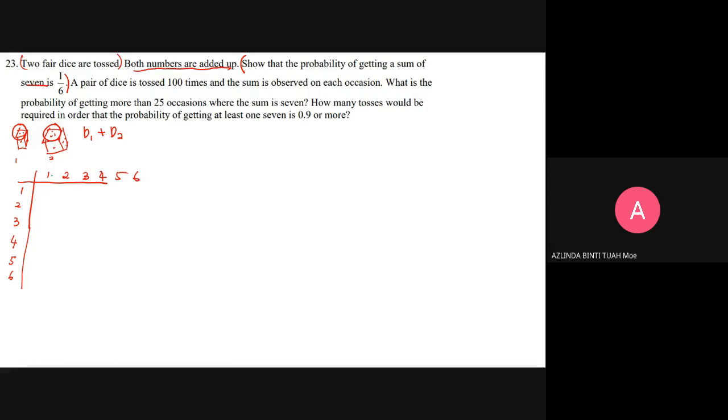So first outcome dapat 1, second outcome dapat 1, add up dapat 2. First dice we have 2, second dice we get 1, so 2 plus 1 is 3. 3 plus 1, 4. 4 plus 1, 5, 6, 7. Okay, the second row, from the first dice I have 1.